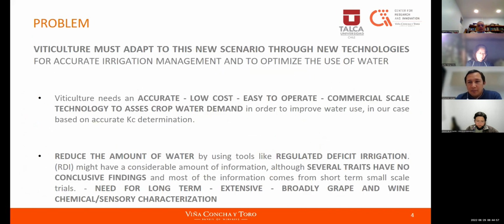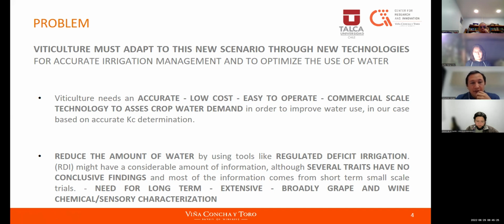So the problem I'm trying to address in my PhD is that viticulture must adapt to this new scenario through new technologies for accurate irrigation management and to optimize water use. We need an accurate, low cost, easy to operate and commercially scalable technology to assess crop demand, in our case based on an accurate KC determination.